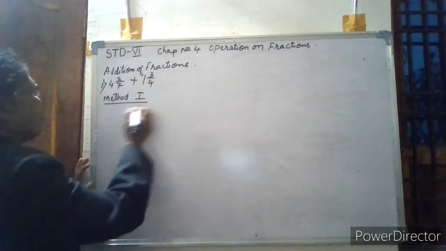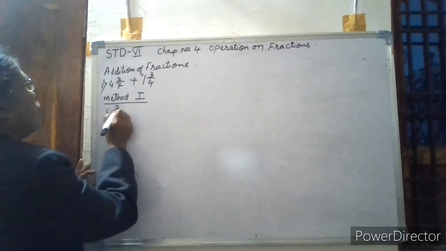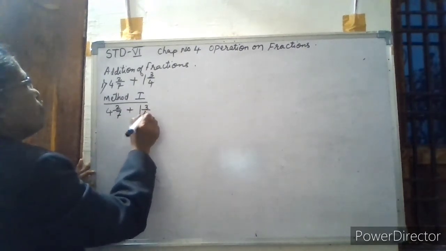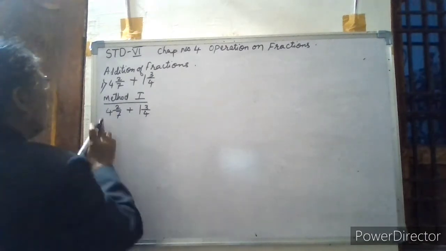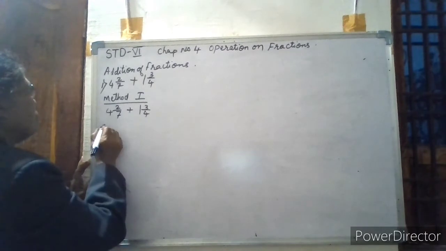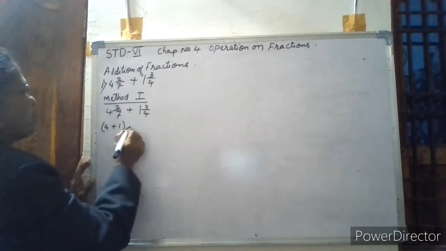So method 1. First of all, I write down the question: 4 2/7 plus 1 3/4. These are mixed fractions, so it has whole number 4 and whole number 1. First thing, we can add the whole numbers 4 plus 1 separately.